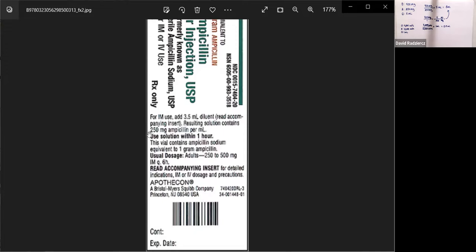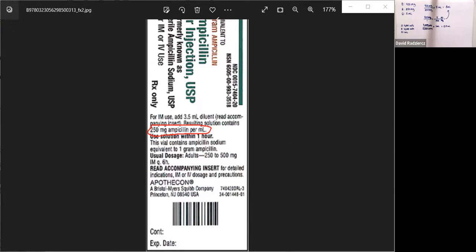And then what that gives you is a solution strength. And that's what you're looking for: the solution strength of 250 milligrams per milliliter. That milligrams per milliliter concentration is how you know what it is.